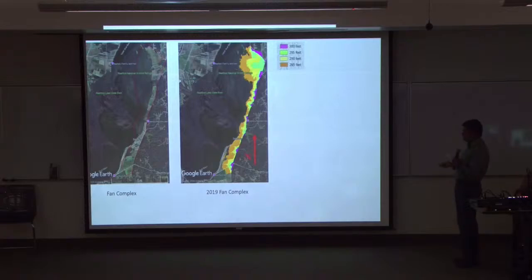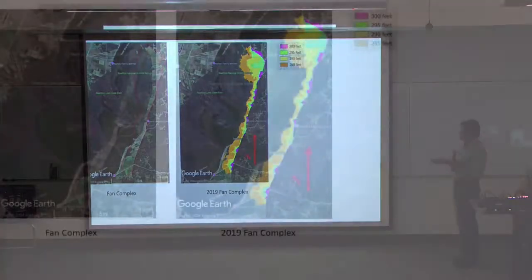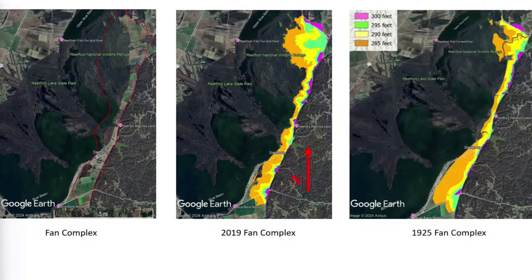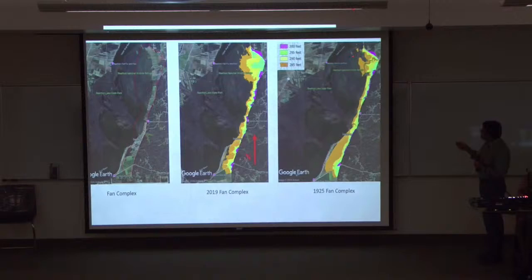What I'm interested in, what I'm doing at present, is the evolution of the fans. These are contour lines derived from the 1925 topographic map. So you'll see that the fan has evolved here.